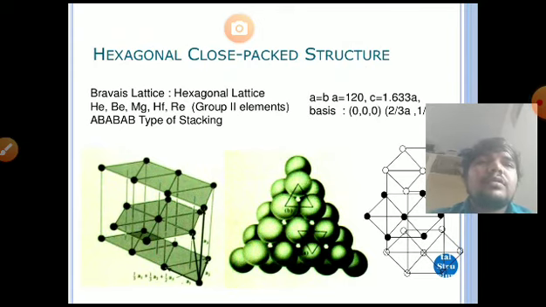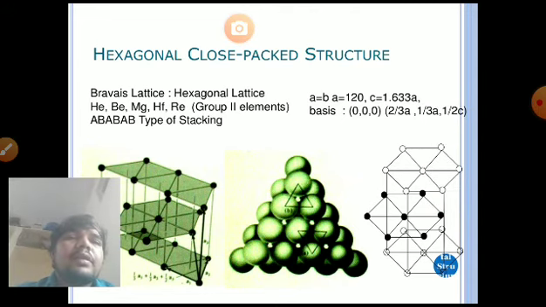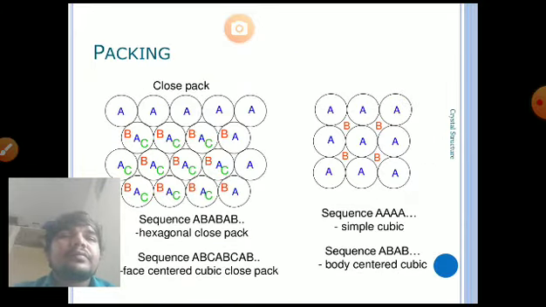Hexagonal close packed structure, Bravais lattice: hexagonal lattice. Elements such as Mg, Be, Zn, Hf are group 2 elements with this type of structure, where the lattice parameters are a equal to b, gamma 120 degrees, and c is equal to 1.62 a. Basis is 0, 0, 0 and 2 by 3 a, 1 by 3 a, 1 by 2 c. Hexagonal close packing.